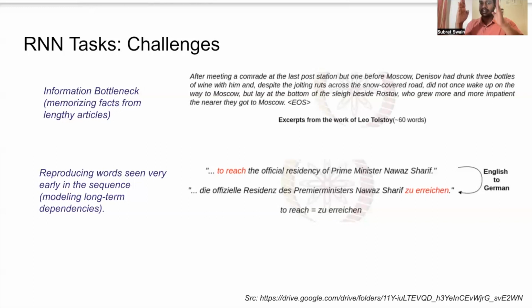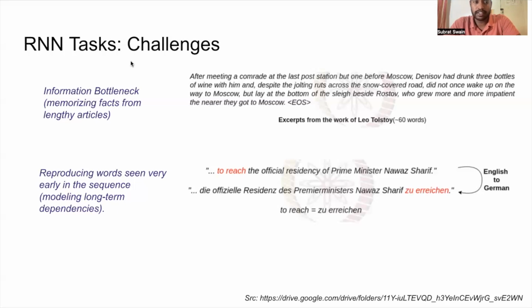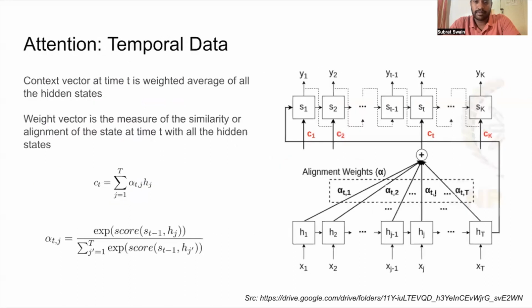It's not like you write 5 words in English and the translated version is one to one, with 5 words in German where the first word corresponds to the first word, the second word to the second word, and so on. It's not like that. There will be cross dependencies, and modeling long-term dependencies is not very straightforward. RNNs are not very good at this, so they were not very strong in modeling different sorts of dependencies across the chain.